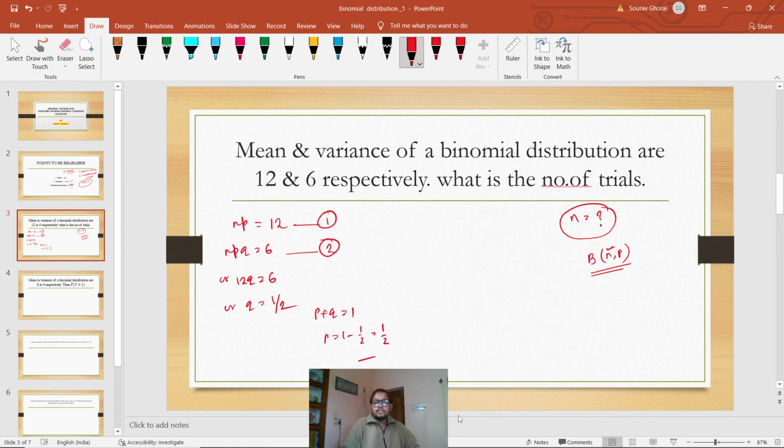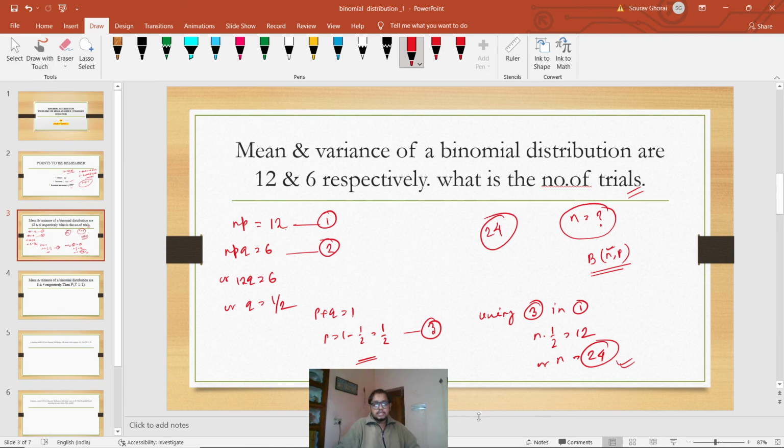Now if we put the value of p in equation 1, calling this number 3, using 3 in 1, what we get? n into half is equal to 12, or n is equal to 24. So this is the total number of trials, that is 24, with p equal to half and q equal to half. So I think this is clear to you.